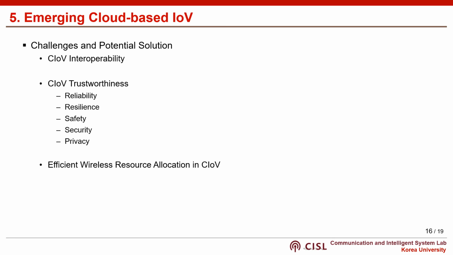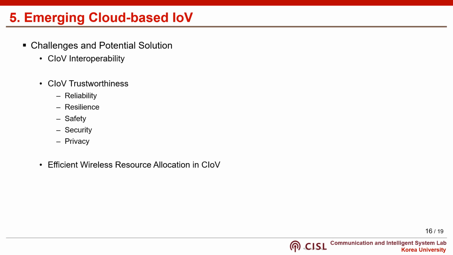Although both cloud computing and IoV have been studied for years, CIoV is still facing many challenging issues. The environment of CIoV comprises not only vehicles and the vehicle cloud, but also other related entities such as the traffic management system, ITS facilities, insurance companies, aftermarket operators, and mobility service providers.